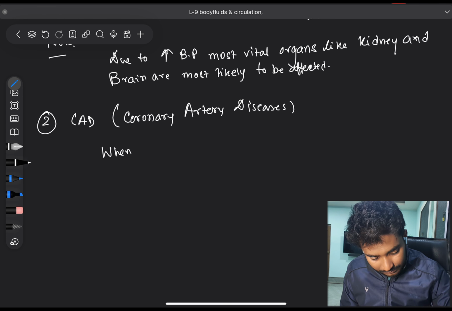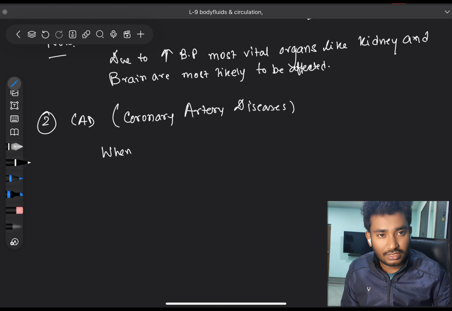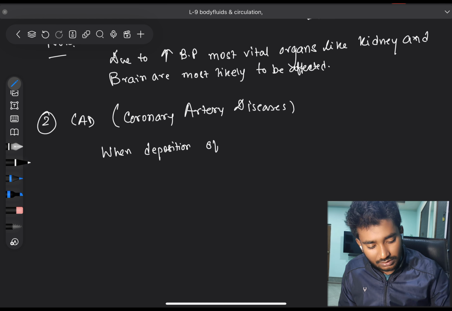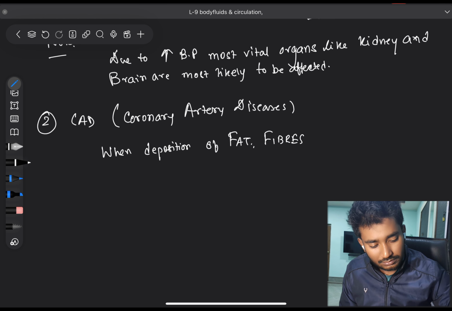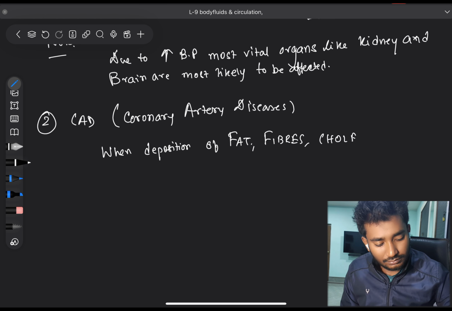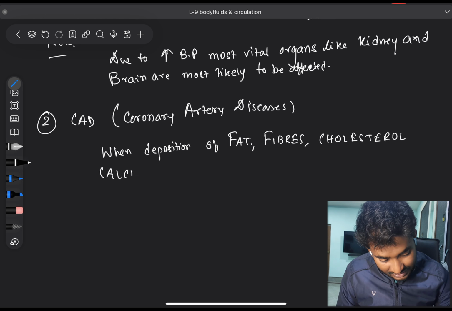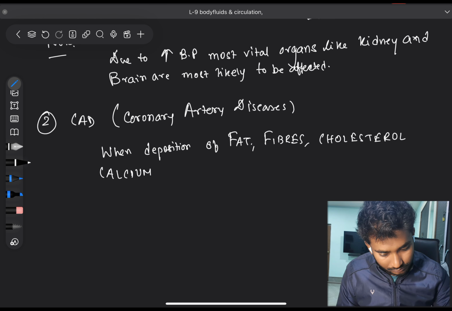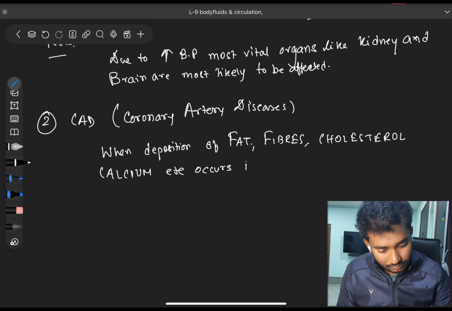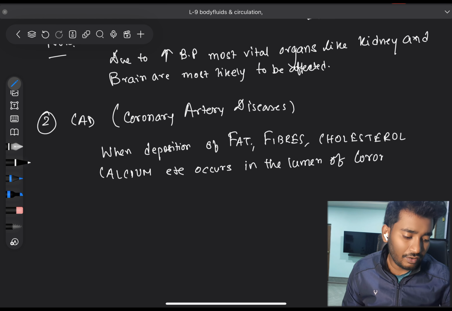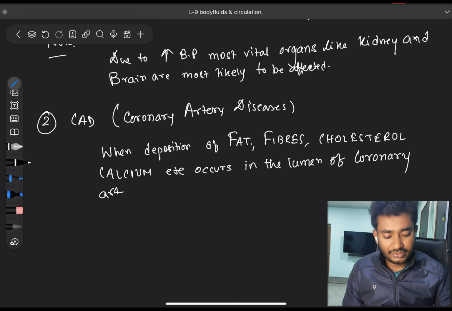When deposition of fat, fibers, cholesterol, calcium, etc. occurs in the lumen of the coronary artery.